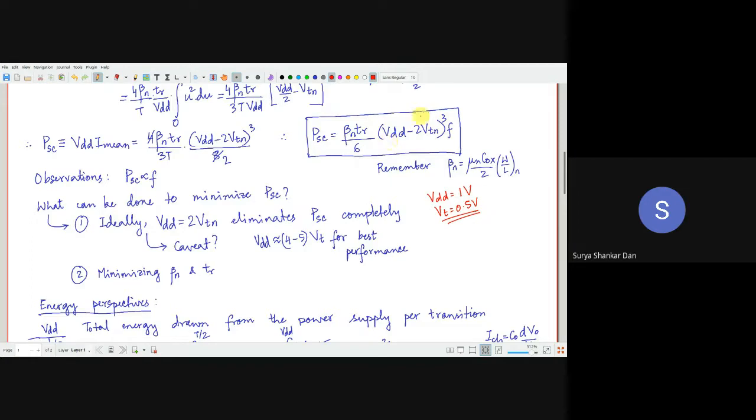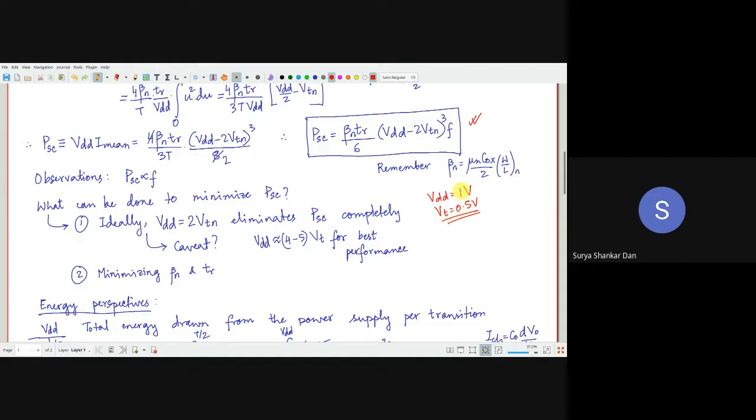This is actually matching this, right? That means in our Python code, whatever results you are getting, they are actually satisfying the condition that short circuit power should be equal to 0. In the next class or sometime whenever I have got time, I will plot this in Python, and I will show you the influence of each of these factors in Python results. Then you will have a clear idea of what is the influence of VT.